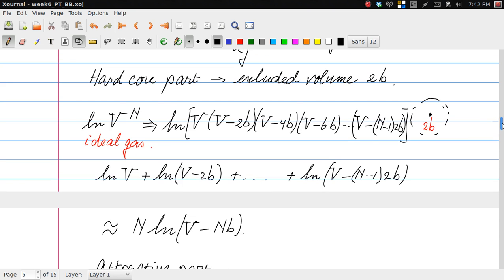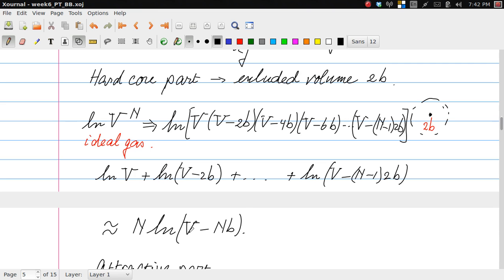available. And so if we then take the logarithm of this product, we can write it as a sum of logarithms, and then assuming that the excluded volume is small with respect to the volume of the container, we can approximate this by, say, the average value of the terms here.